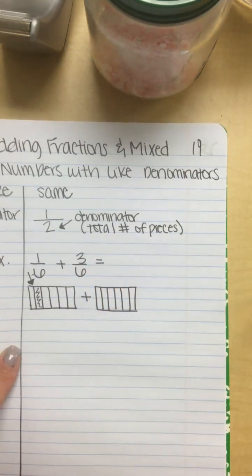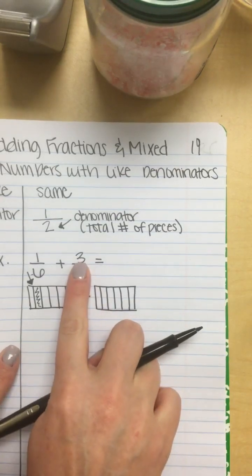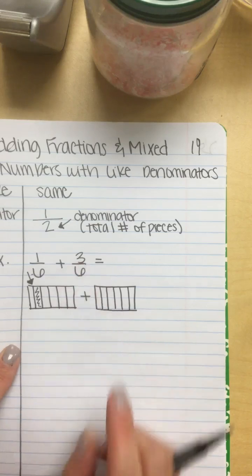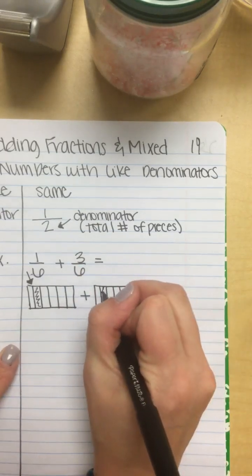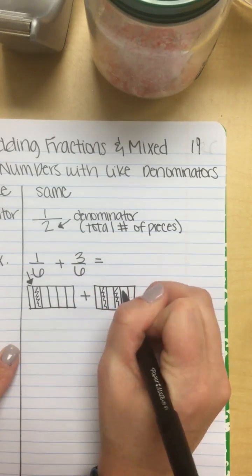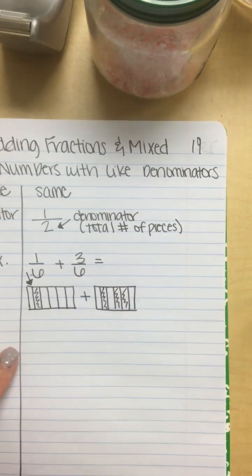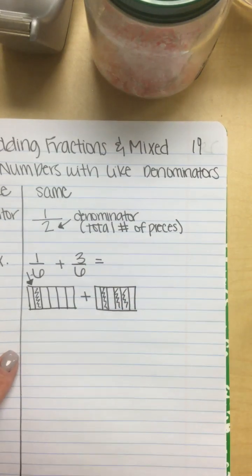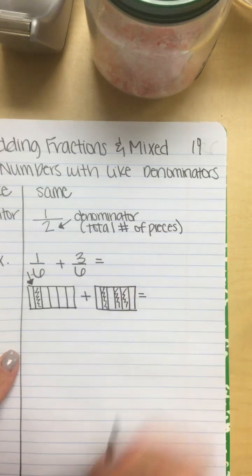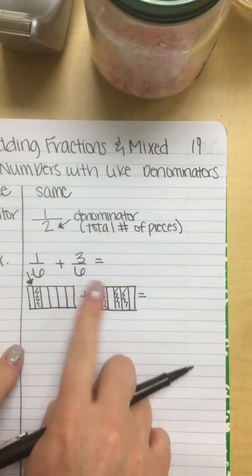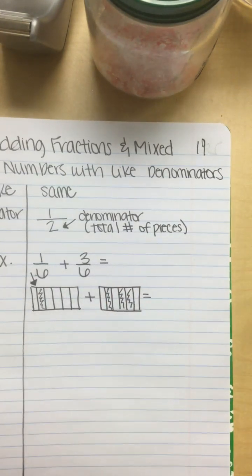Now I have my 6 pieces, and now I need to shade whatever my top number or my numerator is, which is 3. So I get to choose 3 pieces. It doesn't matter which ones. And I'm going to shade them. And then just like my problem up here, I'm going to go ahead and draw my equal to sign.